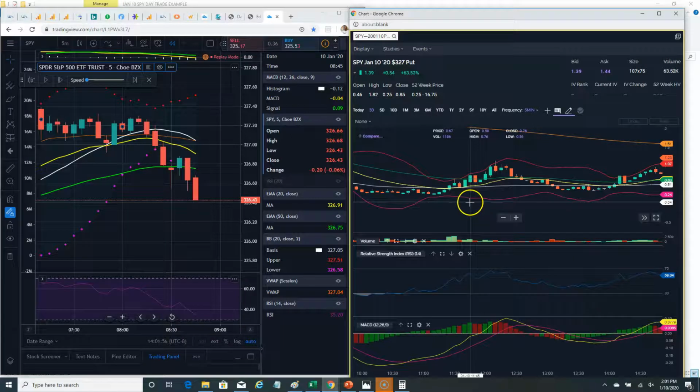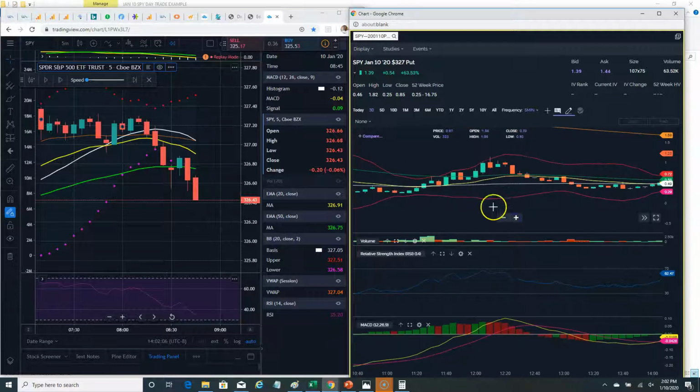But in any case, on this candle here on the option side, can I make it bigger? Yeah, okay. This candle here, 11:51.